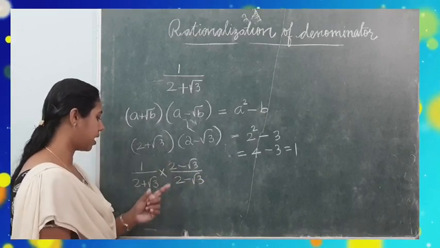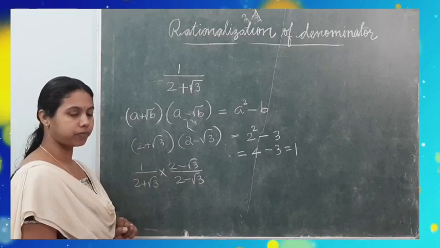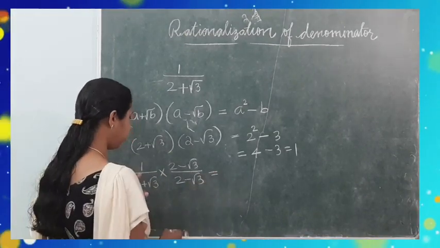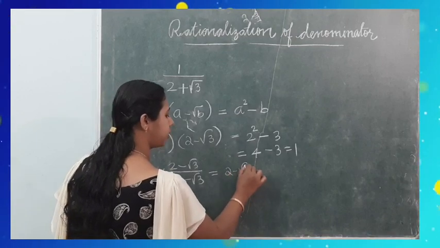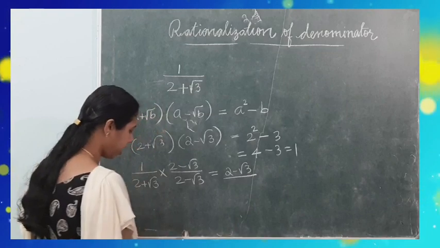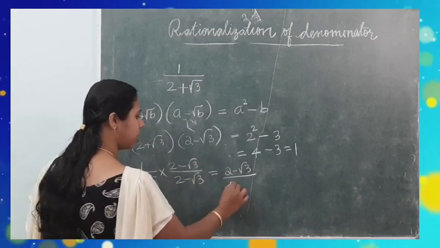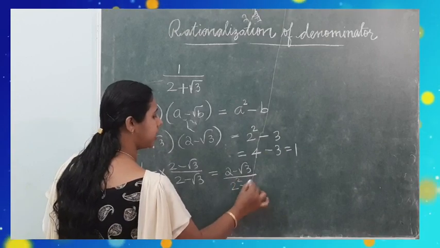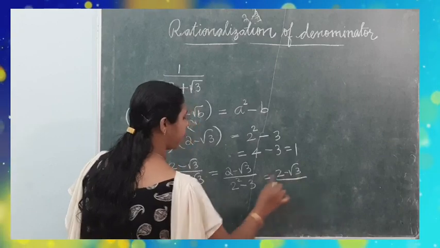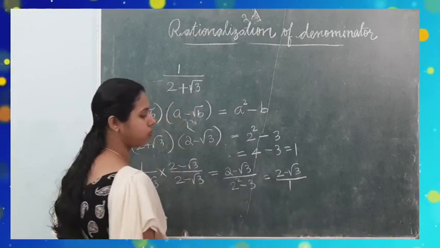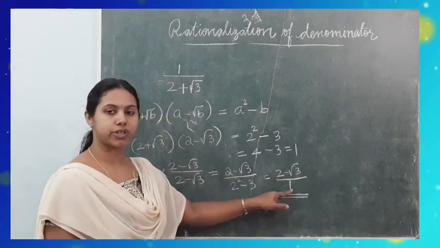Multiply the numerator and denominator by 2 minus root 3. So that is equal to 1 into 2 minus root 3, that is 2 minus root 3 itself, divided by 2 plus root 3 into 2 minus root 3, that is 2 square minus 3, that is equal to 2 minus root 3 by 4 minus 3, that is 1. So now we got the denominator as a rational number.